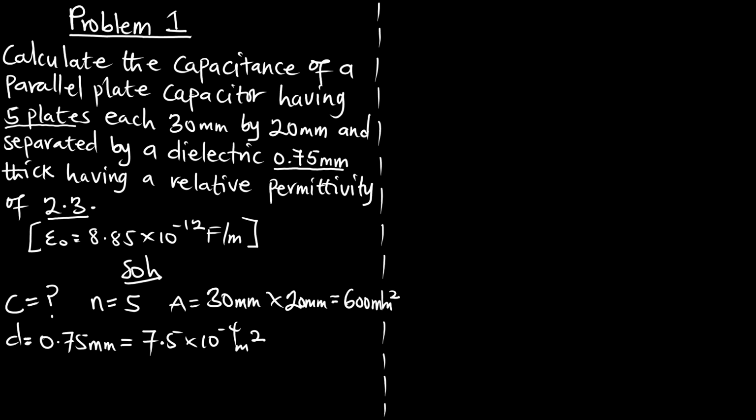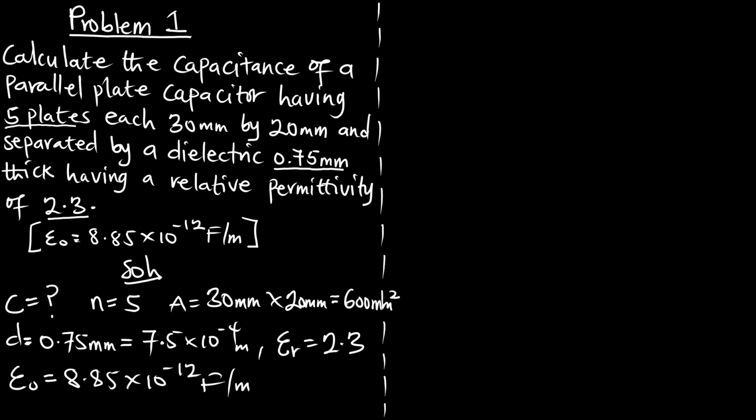Are we okay? Now we have another parameter given as the relative permittivity, epsilon r, which is 2.3. We also have free space permittivity as 8.85 to the power negative 12 farad per meter.